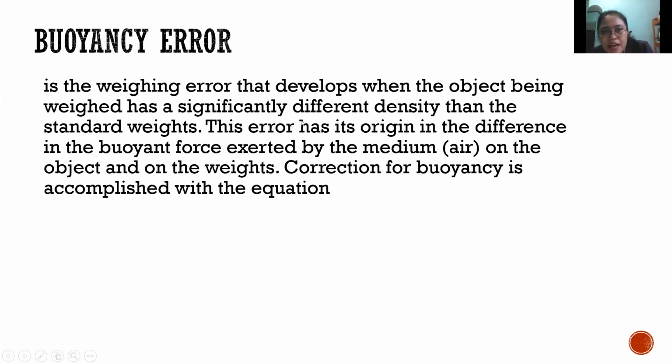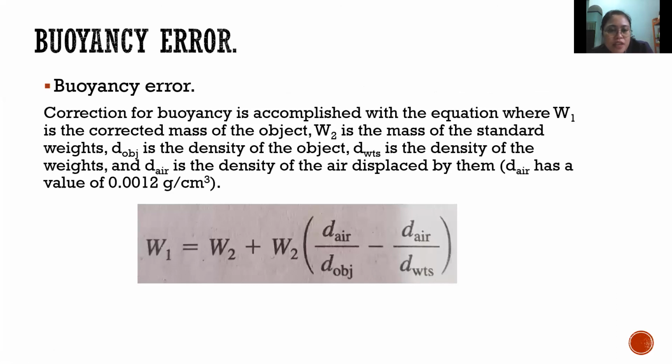Therefore, kapag makita nato nga layo ang difference sa density sa substance ug sa weights nga atong gigamit, we have to correct the mass of the substance. We have to correct for buoyancy, and we will be using this formula. W1 equals W2 plus W2 times density of air divided by density of the object minus density of the air divided by density of the weight.